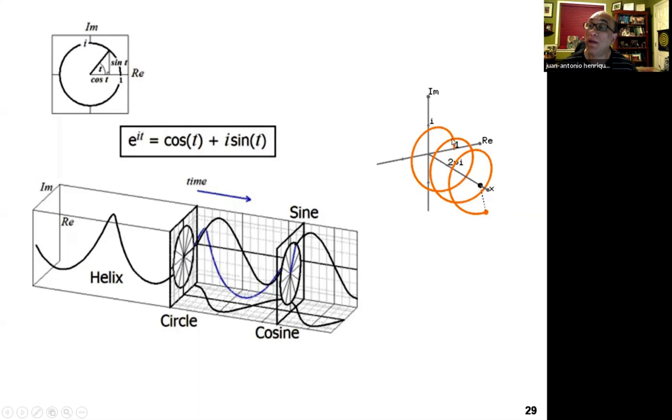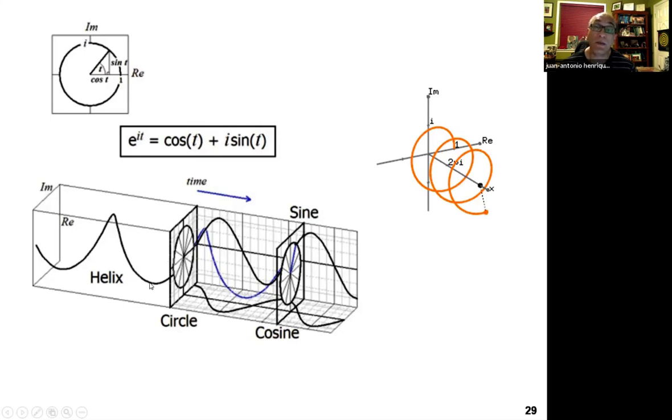If you take that unit circle outside the plane, you'll see what is called a helix effect, and that represents this expression, where the exponential is part of two components: a real component that is the cosine along the x-axis, and an imaginary component that forms the sine wave along the y-axis.